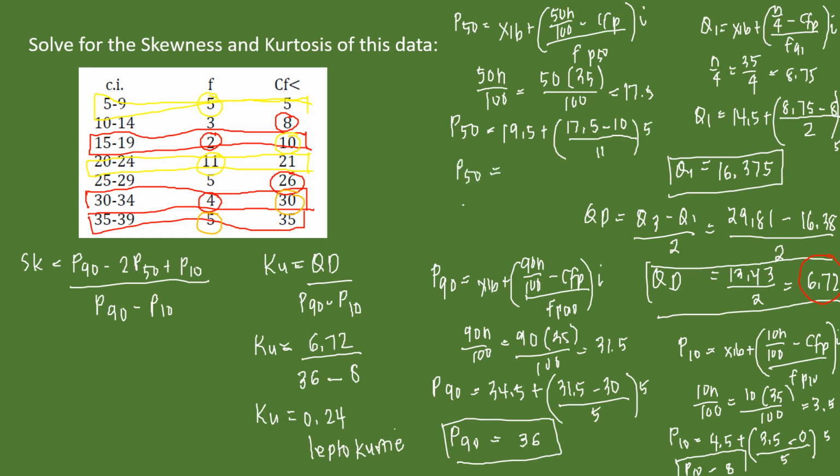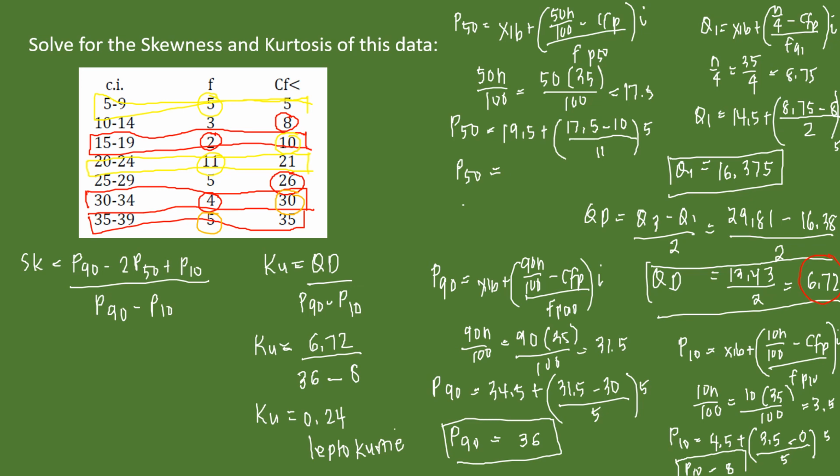So P50 would be equal to 17.5 minus 10, that is 7.5, divided by 11, that gives you 0.68 times 5. It gives us 3.40 plus 19.5.